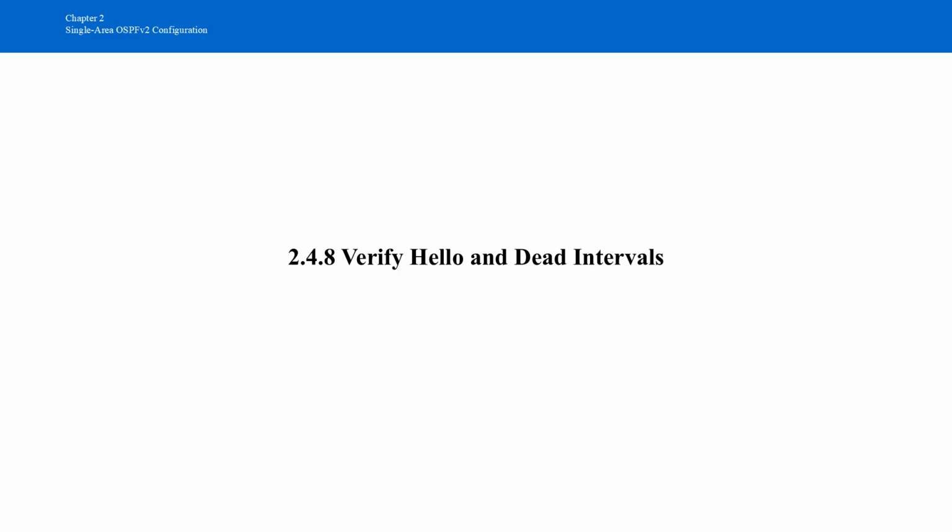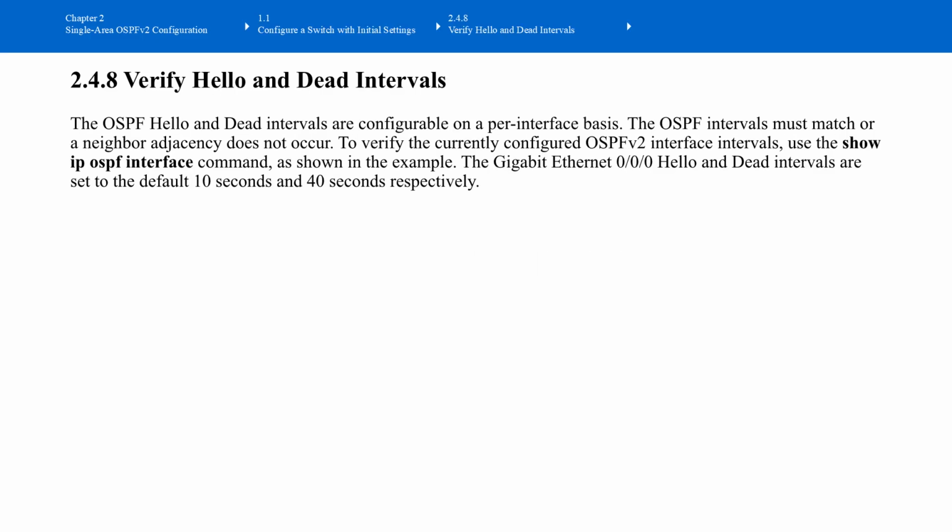2.4.8 Verify hello and dead intervals. The OSPF hello and dead intervals can be configured separately on each interface. An important rule is hello and dead intervals must match between OSPF neighbors. If the timers do not match, the routers will not form an OSPF neighbor adjacency.